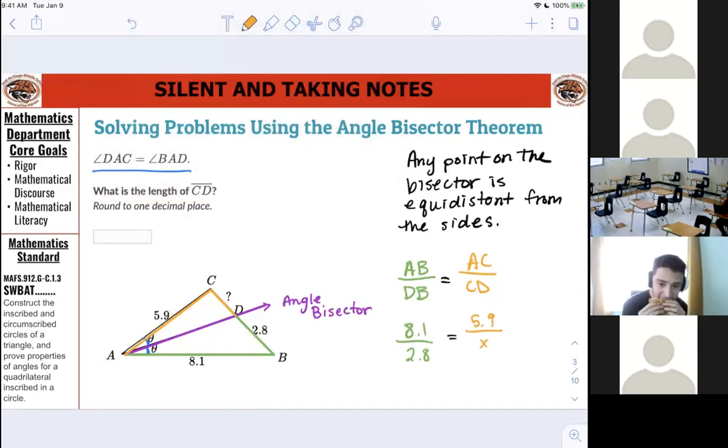Why did I put those two numbers in the numerator and the other two in the denominator? Because of the theta symbol. Okay, but you're going too far into it. What's similar about AB and AC? What's similar about DB and CD?